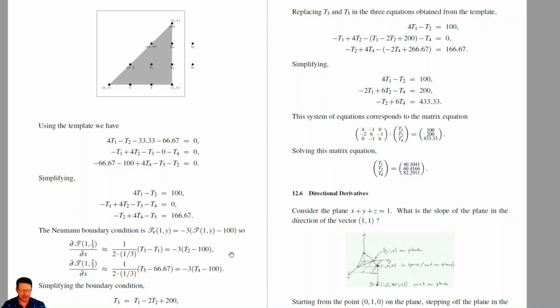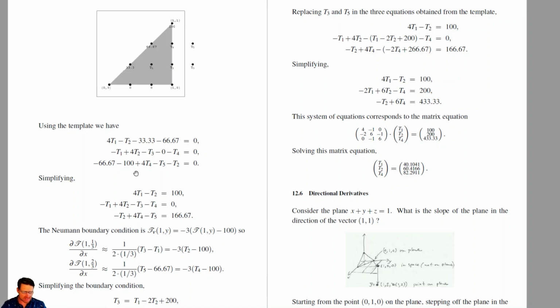Right? And so that is given by minus 3 bracket t4 minus 100. Okay, so that also gives us a way to eliminate t5. So t5 equals minus 2t4 plus 266.67.